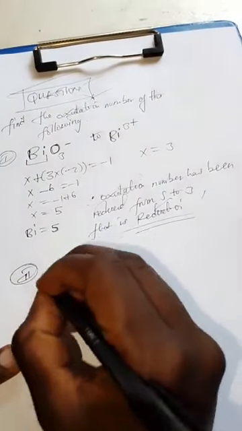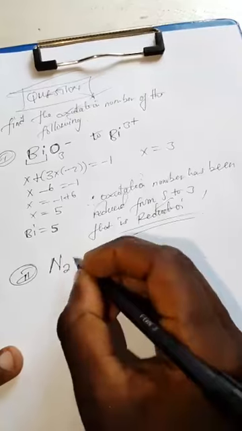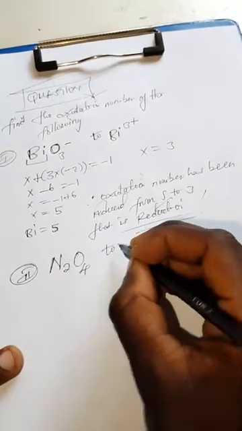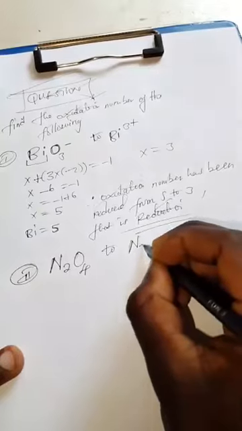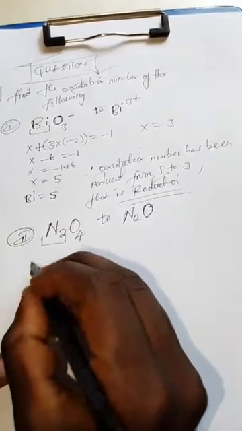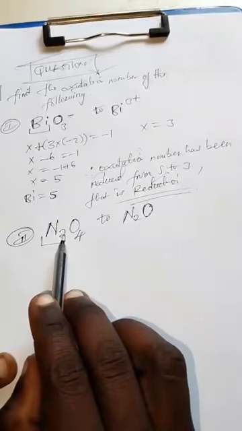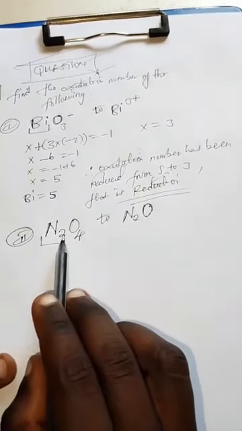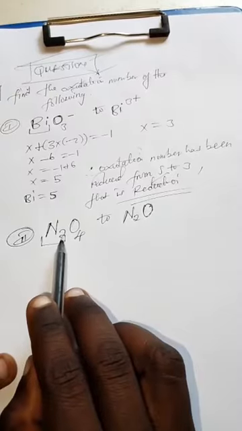You can have this N2O4 to N2O. Okay. So let's calculate for this one. If you're having a subscript there, make sure the subscript becomes the coefficient. So you want to find the oxidation number for nitrogen.